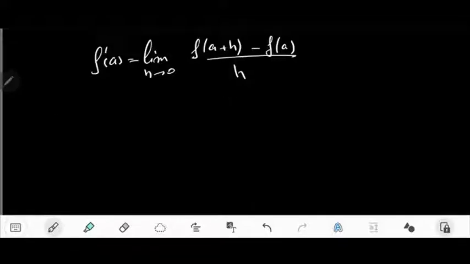Let's say, for example, let f of x be equal to x squared, and we need to calculate the derivative of f at a point, let's say 3.